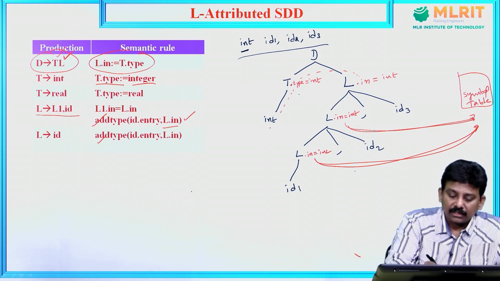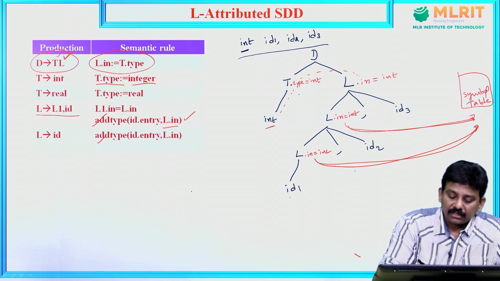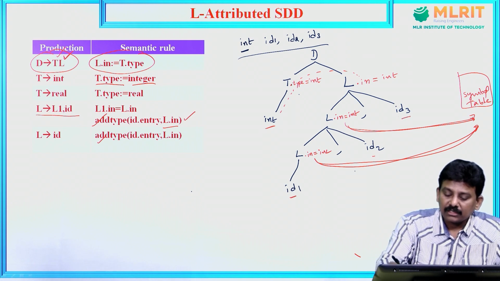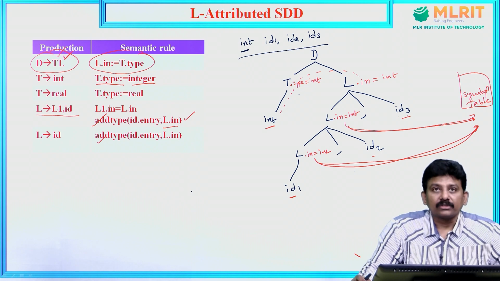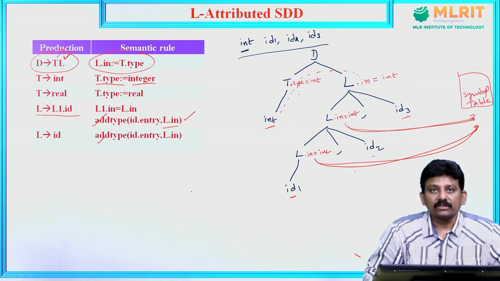By using this function we add the type of each identifier to the symbol table. Then for integer ID1, ID2, ID3, like that we can construct the annotated parse tree for the type declaration integer ID1, ID2, ID3.